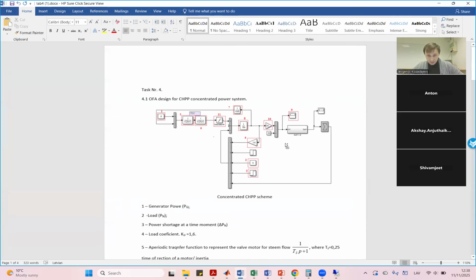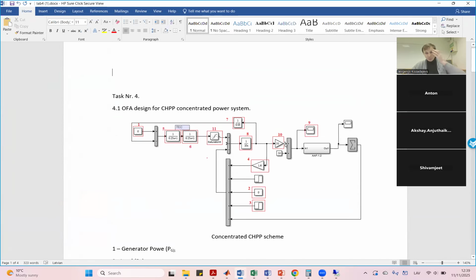Okay, this is your task number 4. And what do we see here? So this is the same idea as for lab number 1, when we have a concentrated power system implementation with one type of generator and all load connected to one bus.